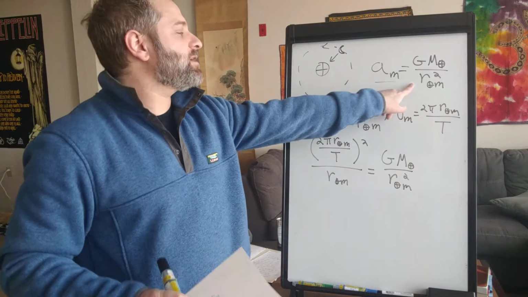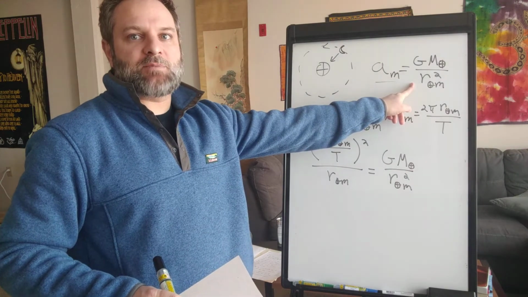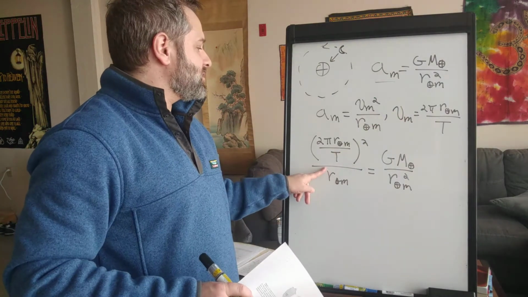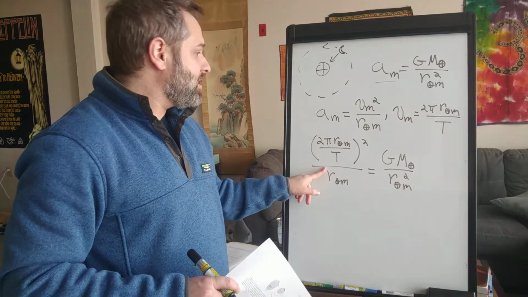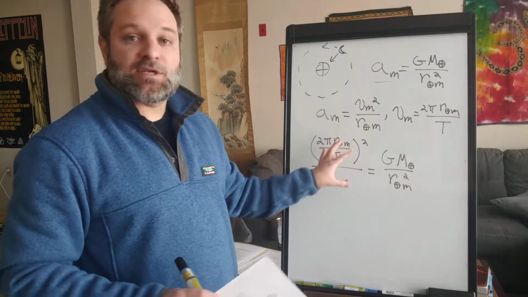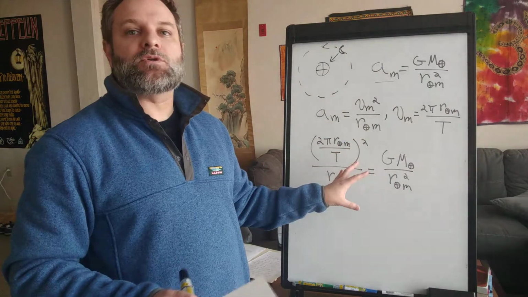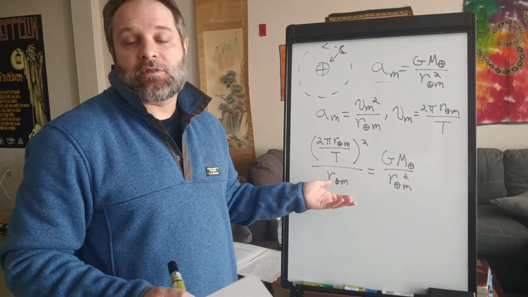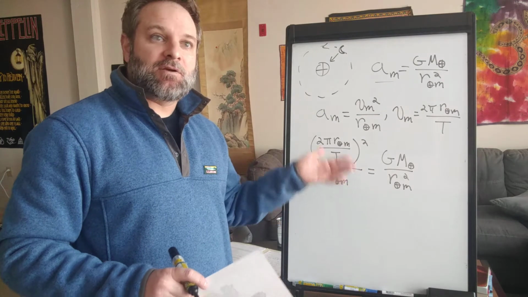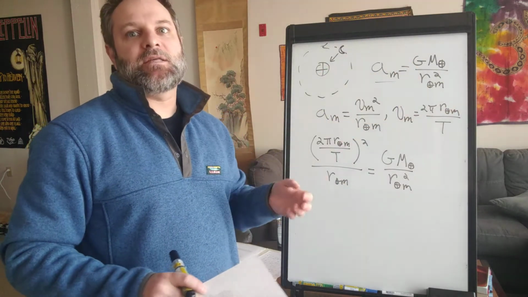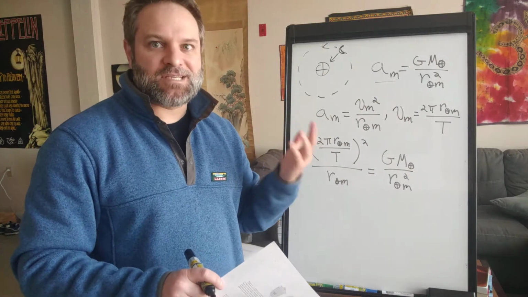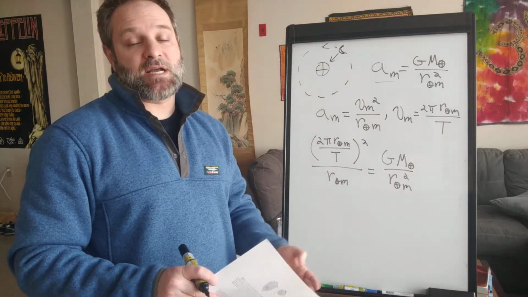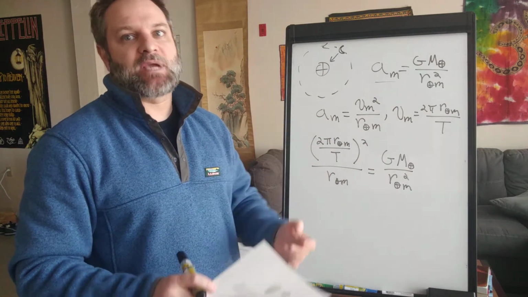So we've equated the acceleration caused by gravity to the centripetal force that we know needs to hold the moon on its circular track. If we plug in all these numbers and this thing equals out, well then we've shown that the force of gravity from the Earth on the moon is the thing that holds the moon on its circular orbit. Therefore, the force of gravity is the force that generates orbital dynamics, the celestial mechanics that we see.